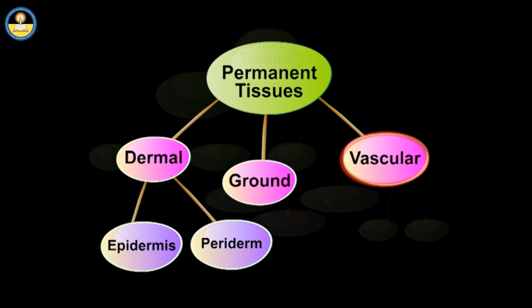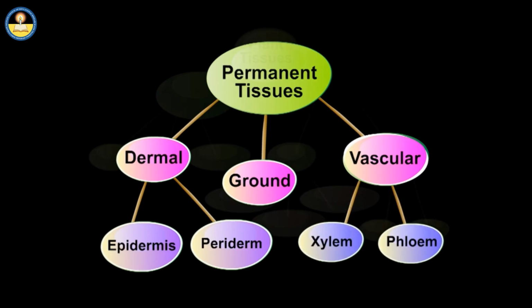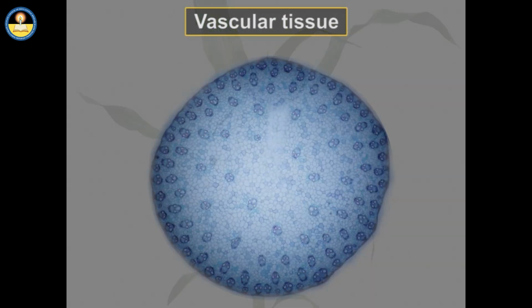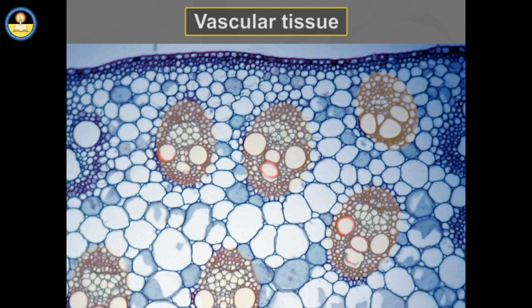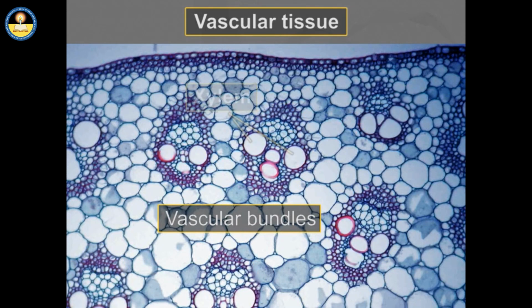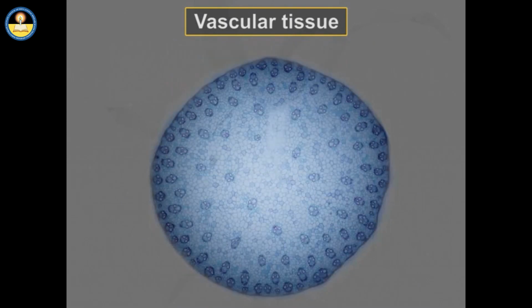Vascular tissue. Vascular tissue system consists of the two conducting tissues, xylem and phloem. Xylem and phloem, along with the other supporting and protective cells, form vascular bundles. Vascular bundles in plants are arranged in such a way that they form a continuous system throughout the plant.